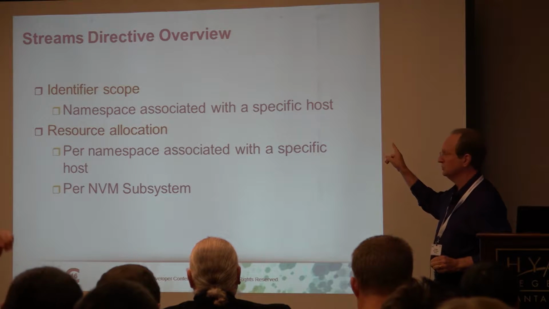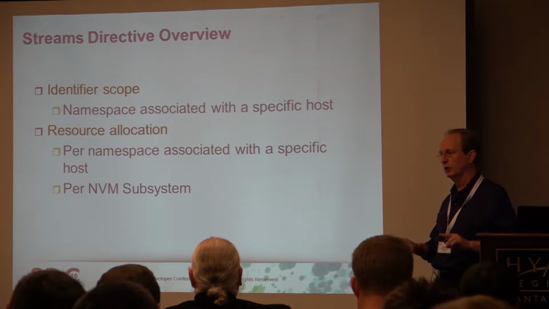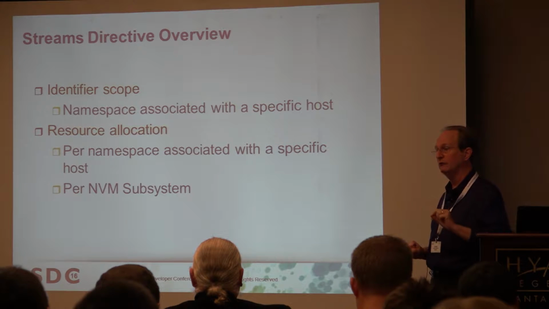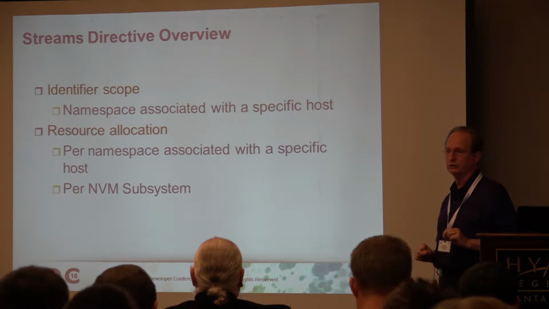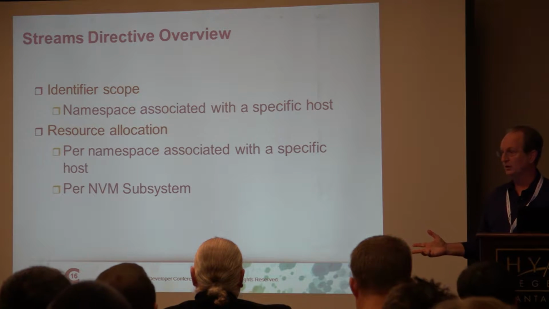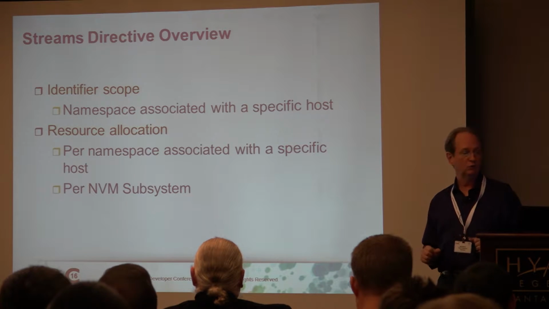So they are a specific host. If those two connections to the controller have the same host identifier and you define a directive within a specific namespace, that is consistent across both of those connections. That allows failover for multipathing, and that applies to n number of hosts and each namespace for each host.